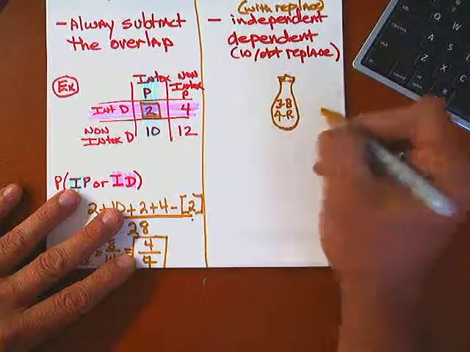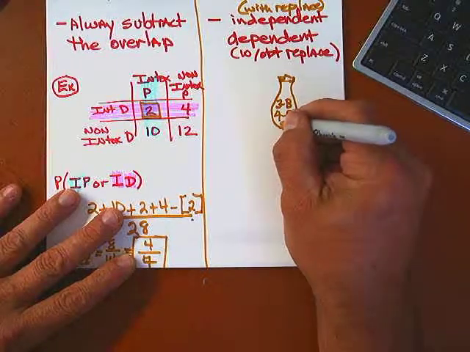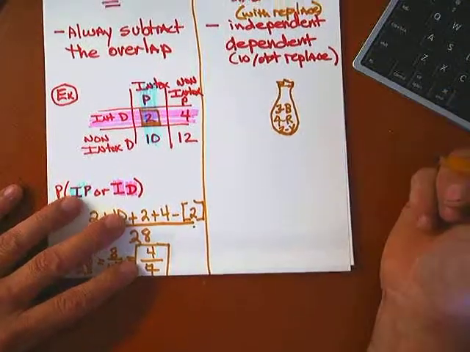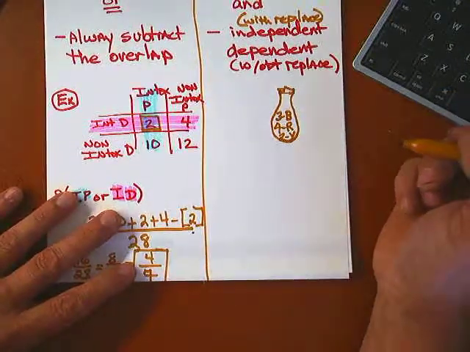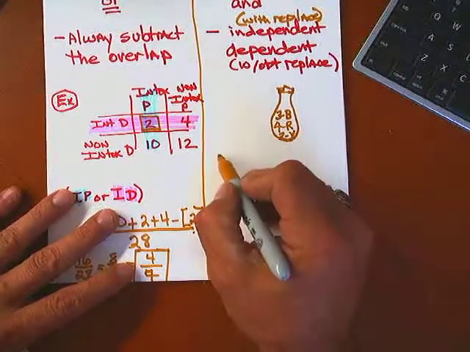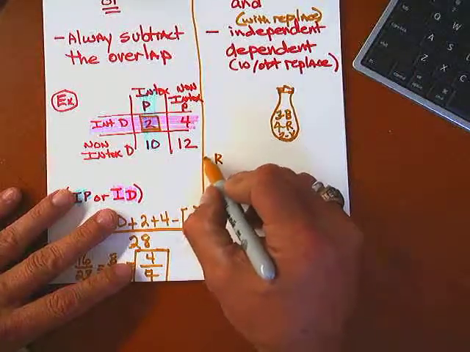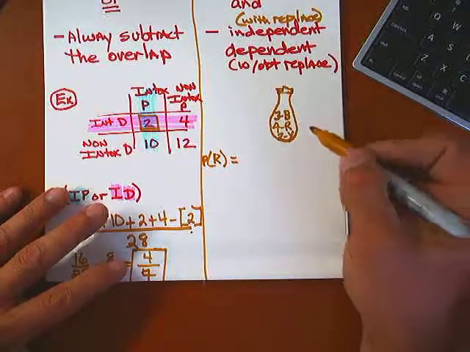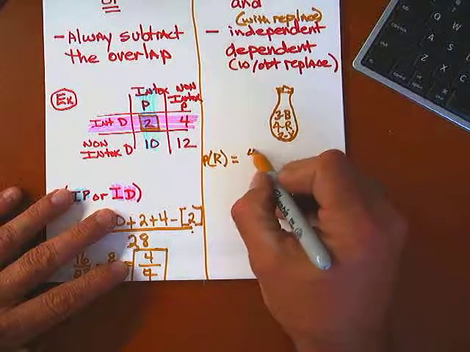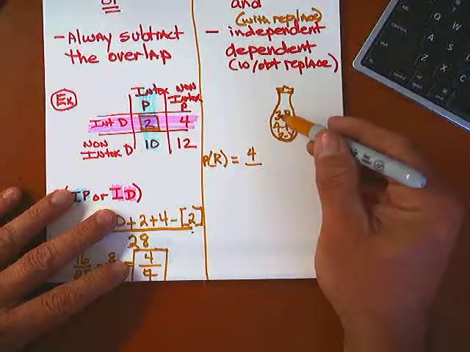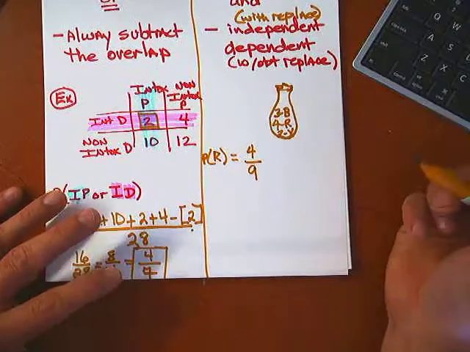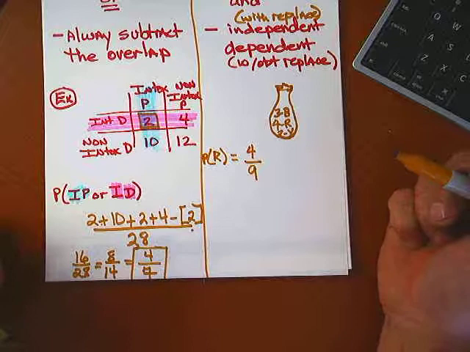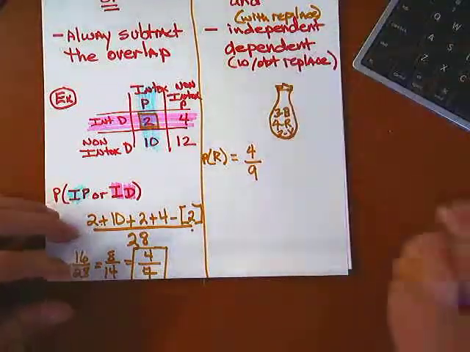And in that bag of marbles, you have 3 blue marbles, 4 red marbles, and 2 yellow marbles. Okay? And let's say that you want to know the probability of picking a red marble. Well, the probability of picking a red marble out of this bag of marbles would be 4 out of 4, 7, 8, 9, out of 9.